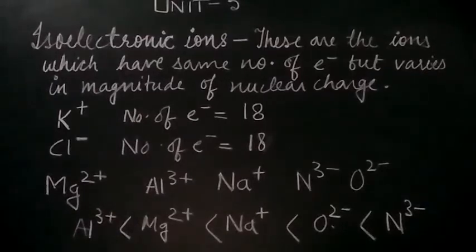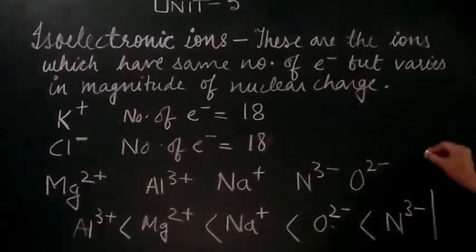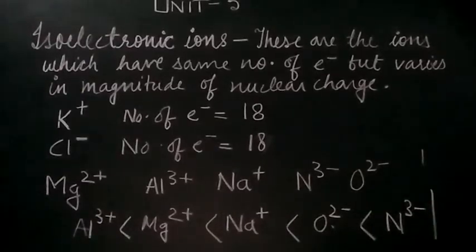So in this case the nitride ion, that is N3 negative, will have the largest size, right? So students, you will go through it and try to understand the concept which is being applied here. And from here you can get conceptual based questions in your exams.